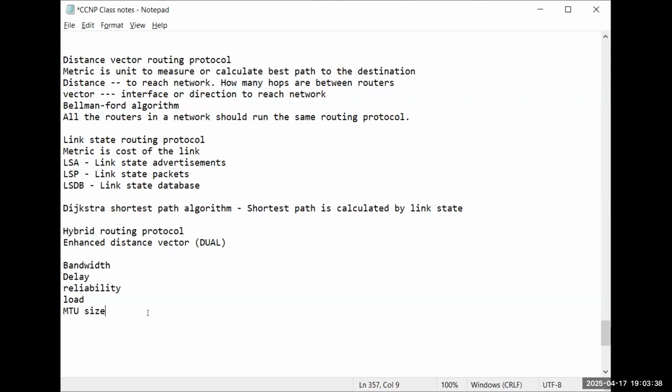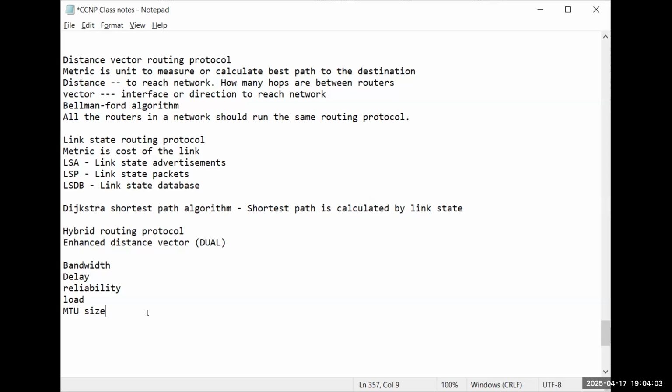And also it is not going to send full routing table updates in a periodic fashion, like how distance vector is going to do. No, it's not going to be a periodic full update. The first time a router comes into a network using EIGRP, it's going to advertise its full information.